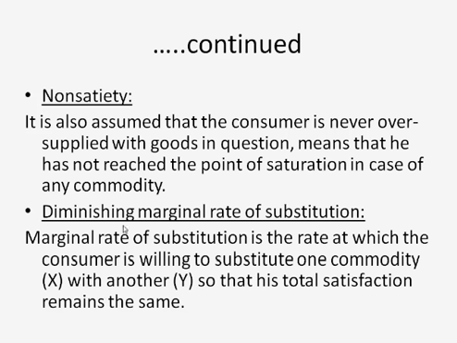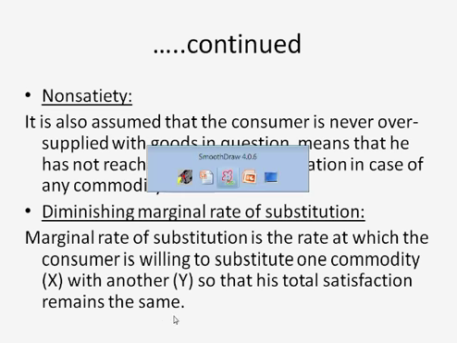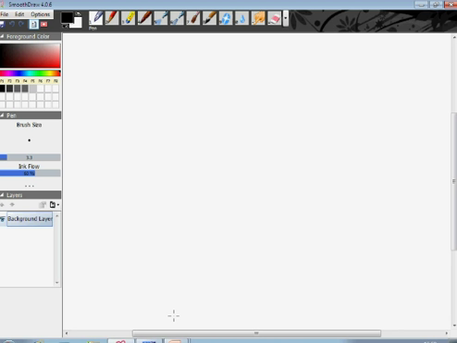Next assumption is diminishing marginal rate of substitution. Now, what is marginal rate of substitution? Marginal rate of substitution is the rate at which the consumer is willing to substitute one commodity X with another commodity Y so that his total satisfaction remains the same. So the marginal rate of substitution of X for Y will be equal to dy upon dx.